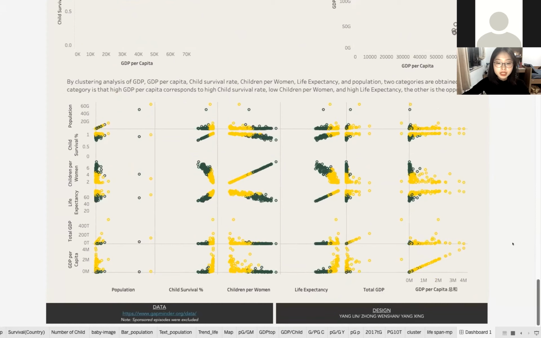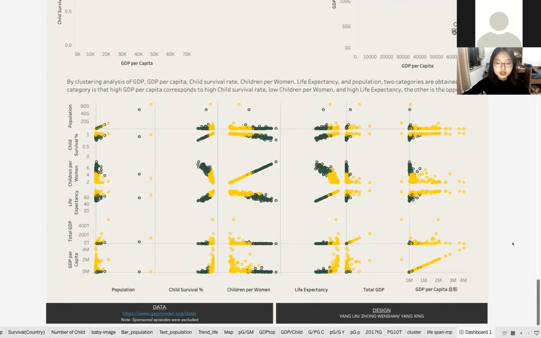The GDP per capita, choice variety, child per woman, life expectancy and population attributes are analyzed using tabular cluster. The k-means method divides the attributes into two categories. As we can see, one is the high per capita GDP corresponding to high child survival rate, low child per woman, and high life expectancy.